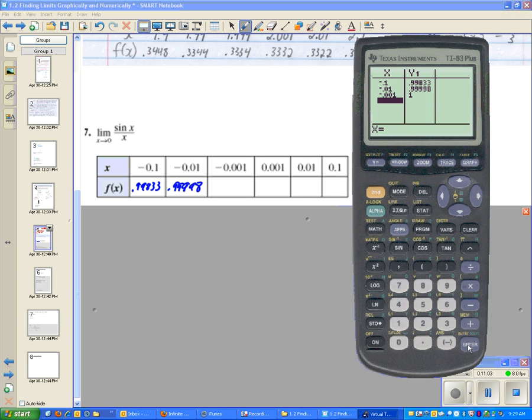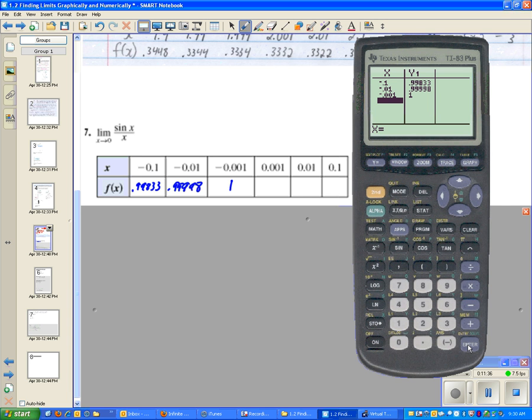Then why does it say 1? Because there's enough 9s there that it's just rounding it to 1. It can't put them all on there. So I'll put 1 because that's what my calculator says. Now it may be to the millionth or whatever, but that's a rounding. Okay, put down whatever your calculator says.